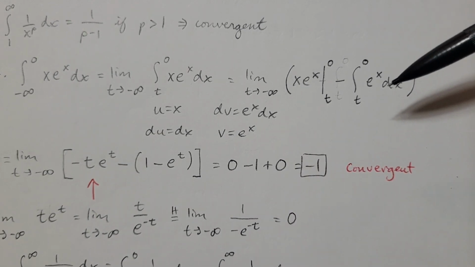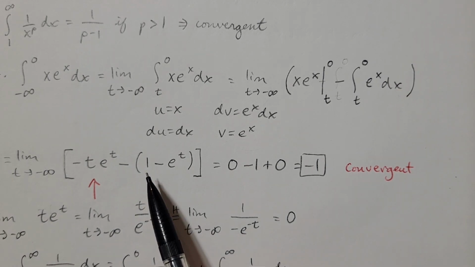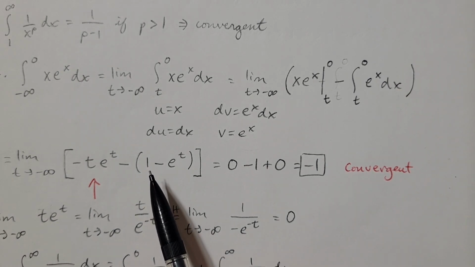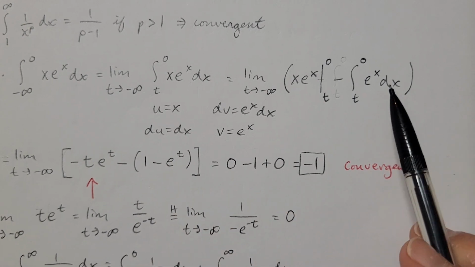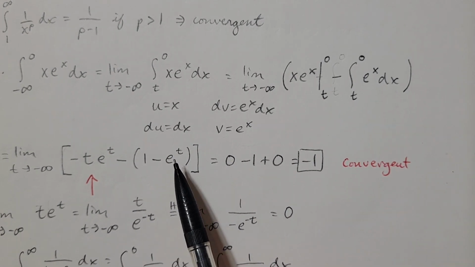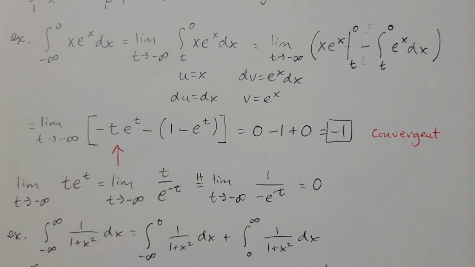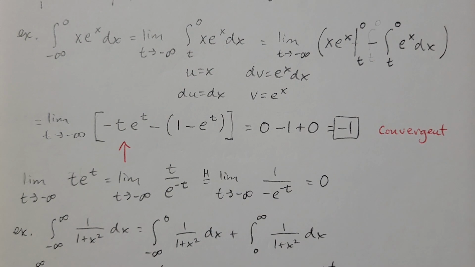So then when I plug in 0, e to the 0 is 1. Anything to the 0 power is always 1. Minus, plug in the lower bound now, e to the t. Okay, so this is where I'm at right now. Again, I'm writing my limit notation there.